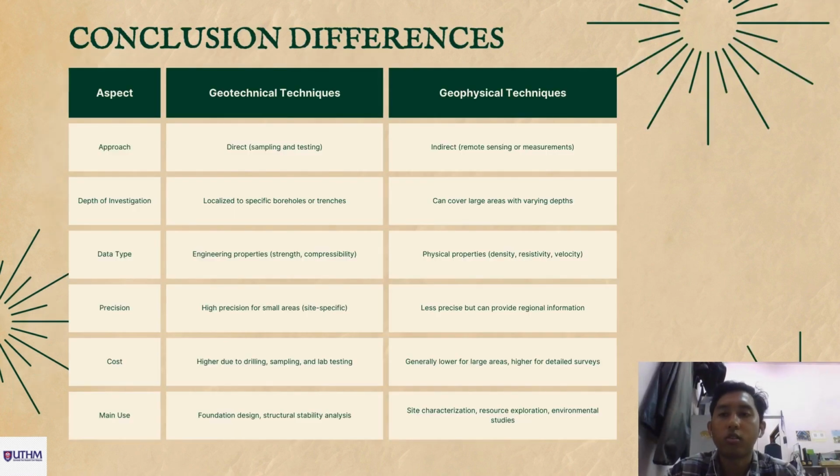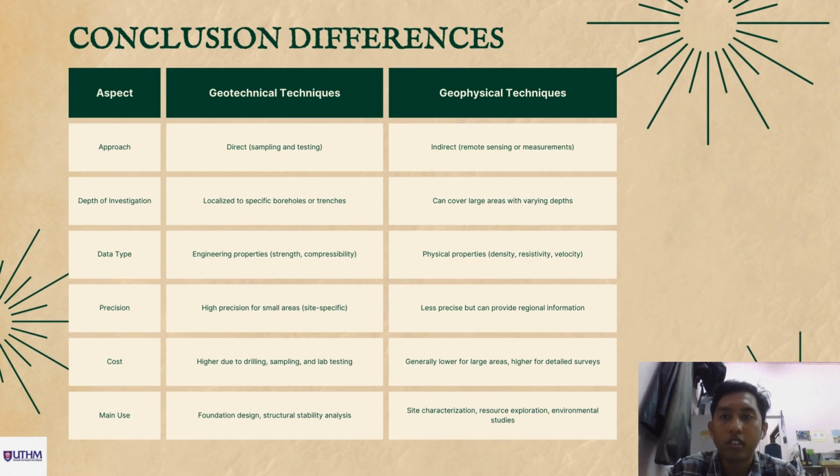In conclusion, there are six aspects that show the differences between geotechnical and geophysical techniques. The first one is the approach aspect. Geotechnical techniques use a direct approach, which is sampling and testing, but geophysical techniques use an indirect approach, which is remote sensing and measurements.